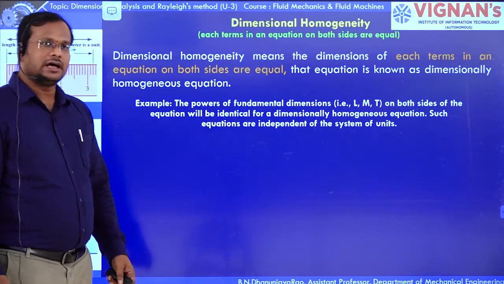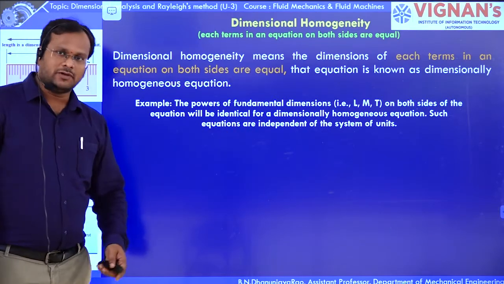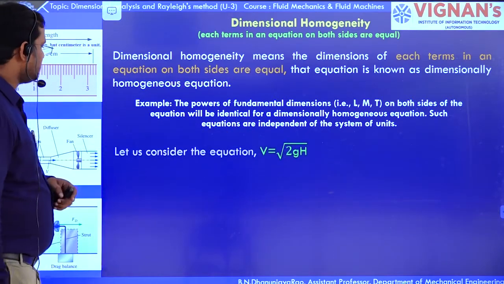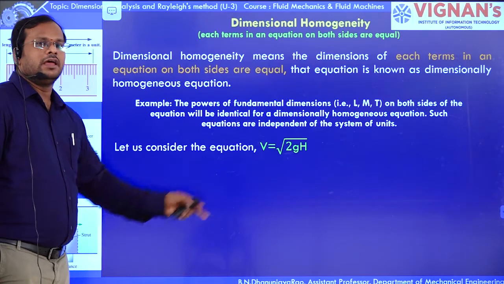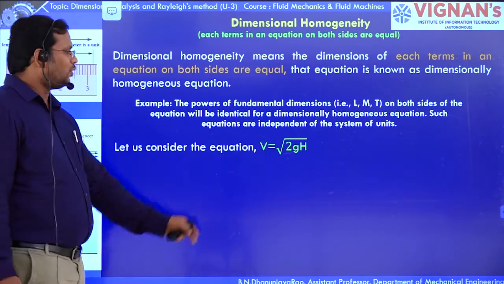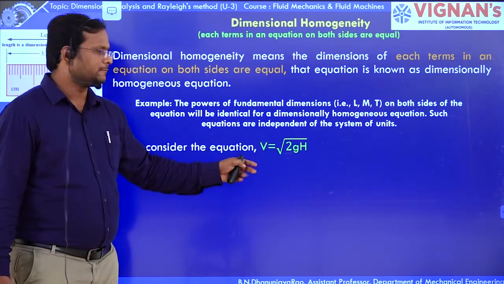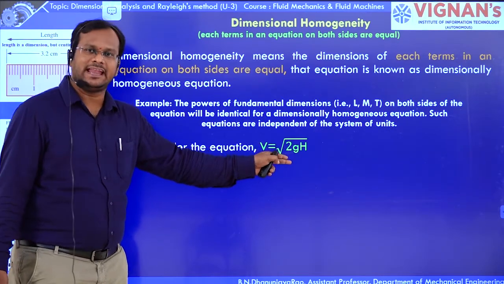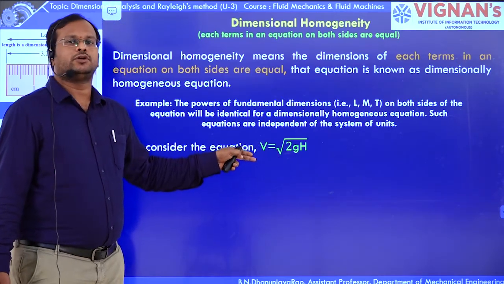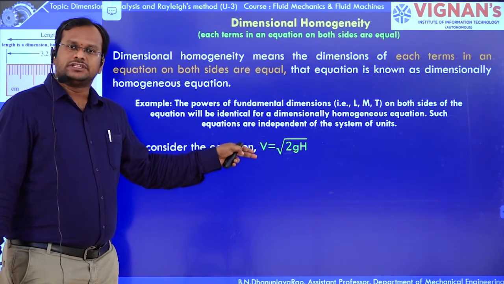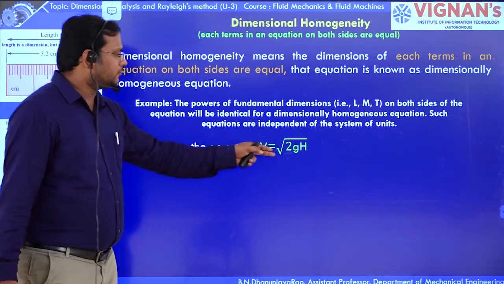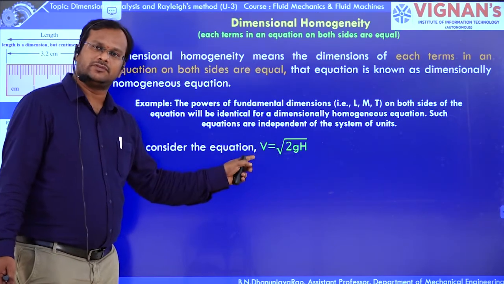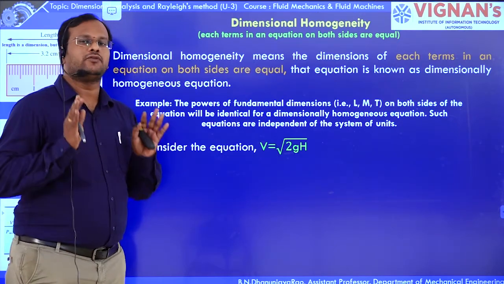Such equations are independent of system of units. Let us consider V is equal to root 2gh. What is V here? V is a velocity. Root 2gh is an expression for velocity in a particular fluid flow problem.